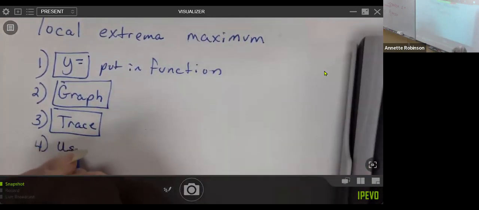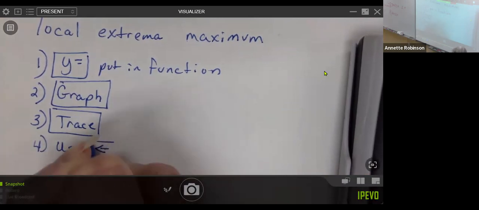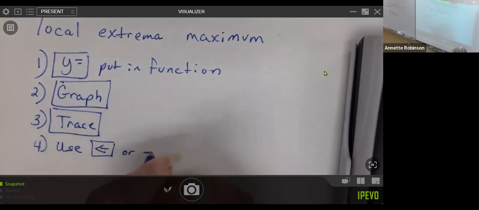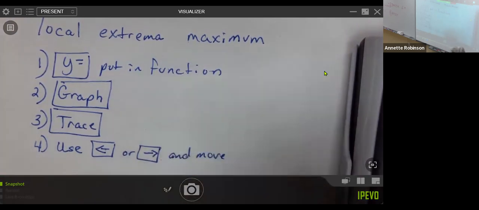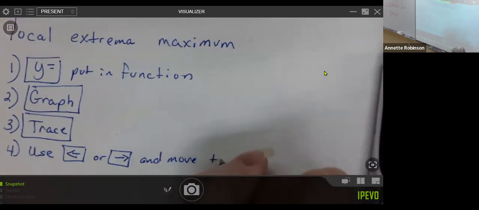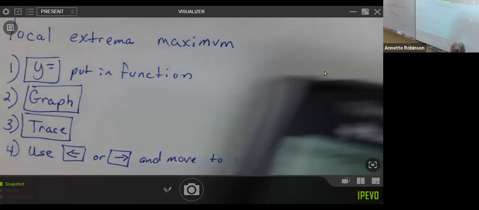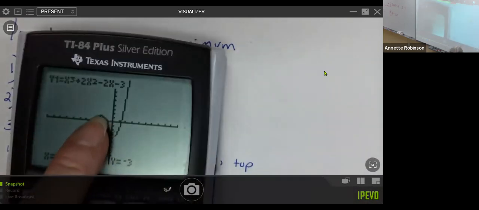Use either the left or right arrow keys and move to the top of that hump. You're trying to get your cursor right there.